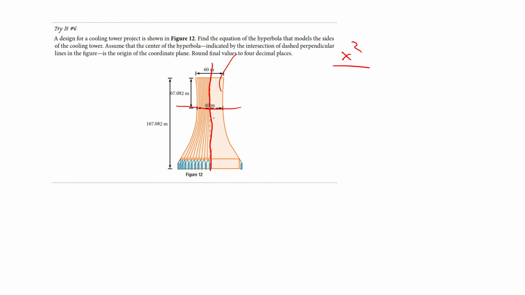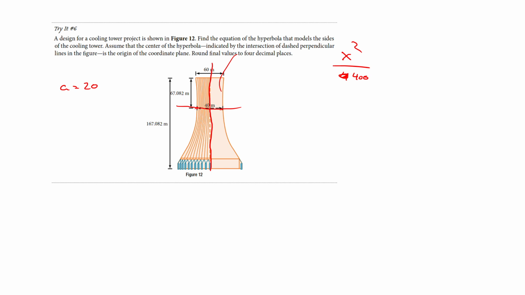Okay, so what do we need here? We've got the value of a, so we've got the vertices here and here. If it's 40 all the way across, a is going to be 20. 20 squared is 400. So we know this is going to be 400 across here.